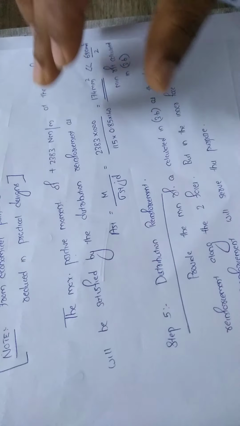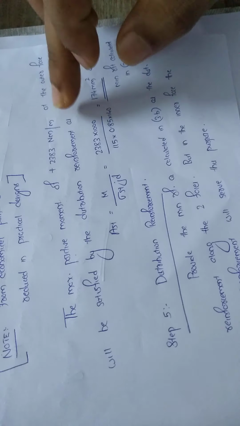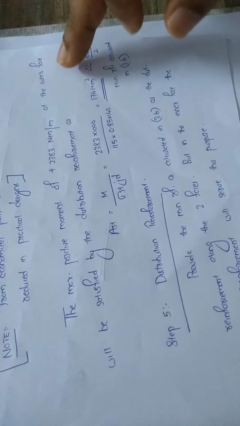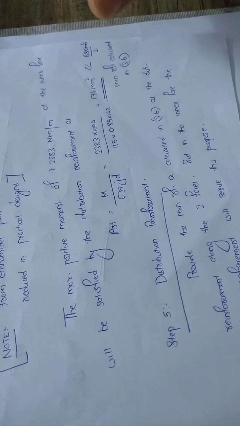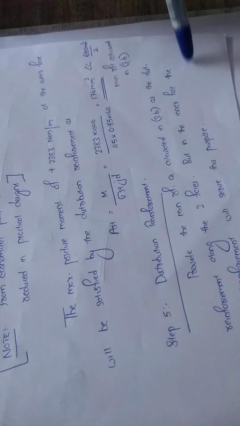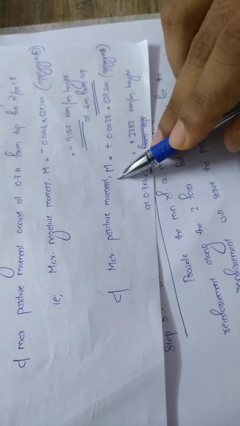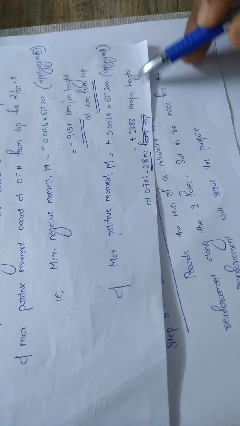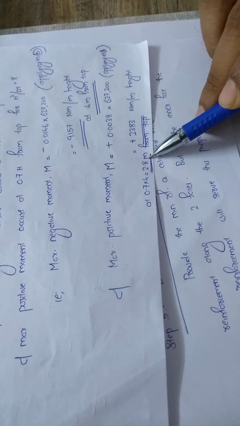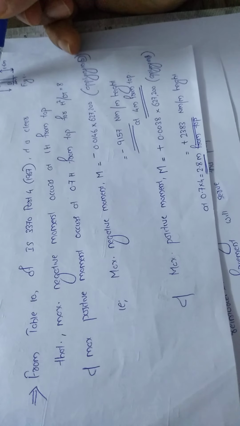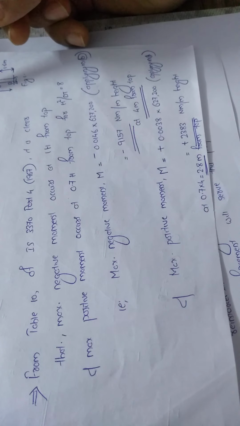So the maximum positive moment that we are getting from step 2 is 2383 at the outer face. Okay, we have seen again the maximum in step 2. The maximum positive moment is 2383 Newton per meter height at 2.8 meter from the top. At 2.8 meter from the top, this maximum positive bending moment is taking place.